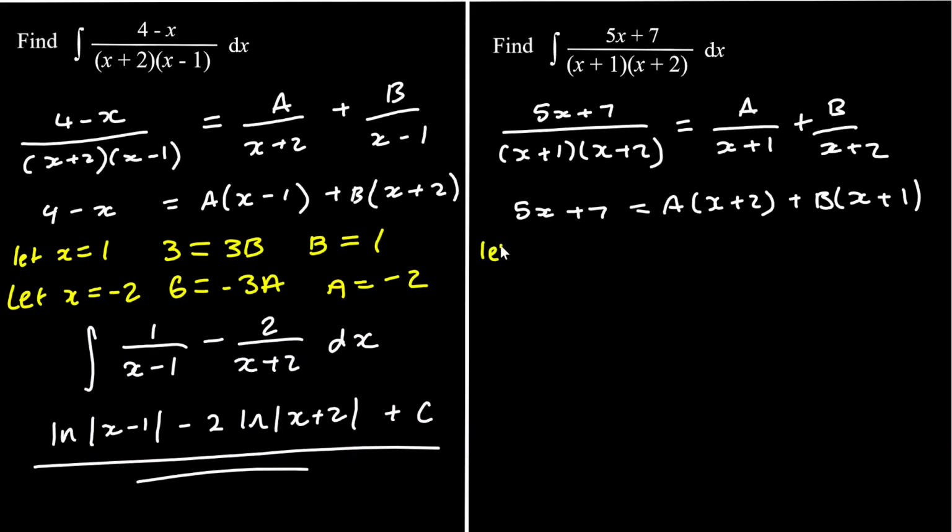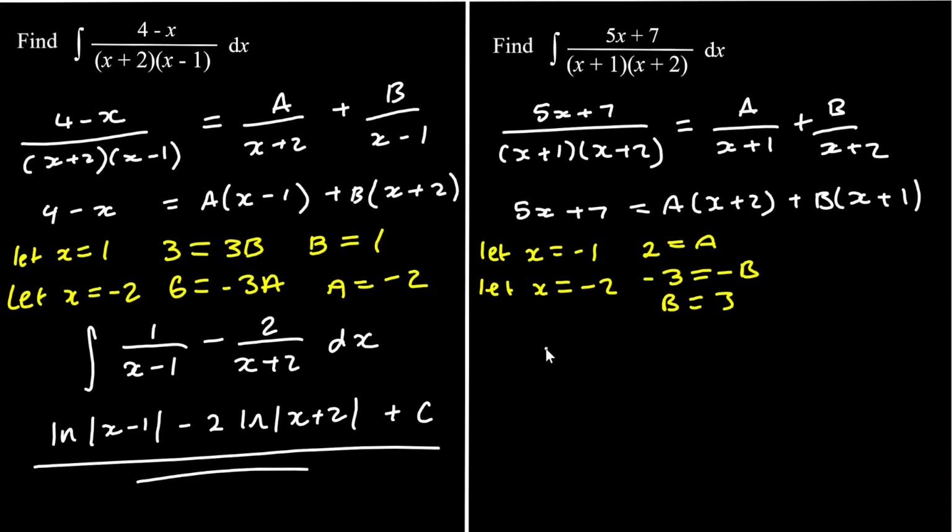Then if we let x equal negative 1, we will get 2 equals a. So a is 2. And if we let x equal negative 2, we will get negative 10 plus 7, so negative 3, equals negative b, so b must be 3.